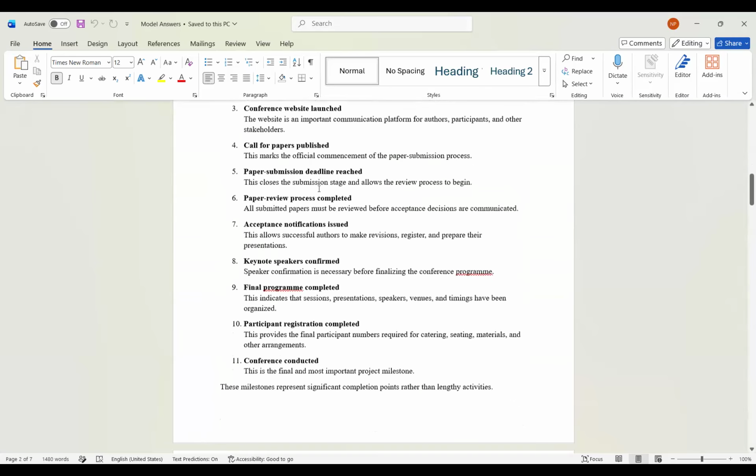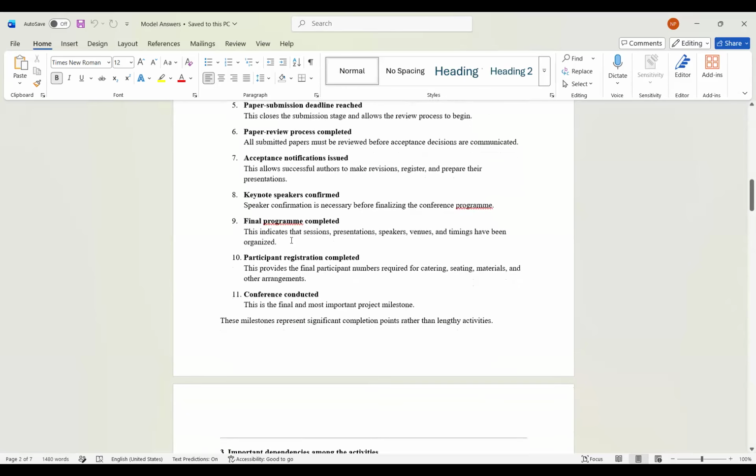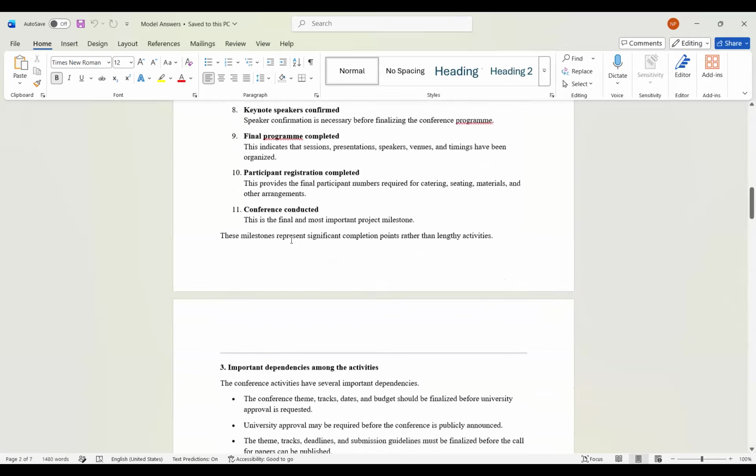Then the paper review process will be completed. Then the notification of acceptance will be issued to the authors. Then the keynote speakers will be confirmed and the final program completed. Participant registrations will be completed, and then the final step will be where the conference is conducted.